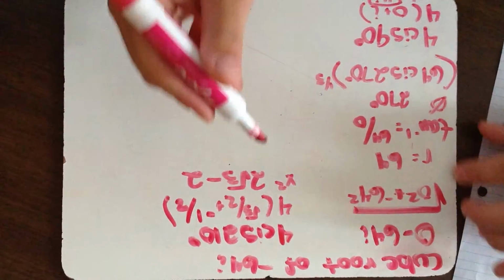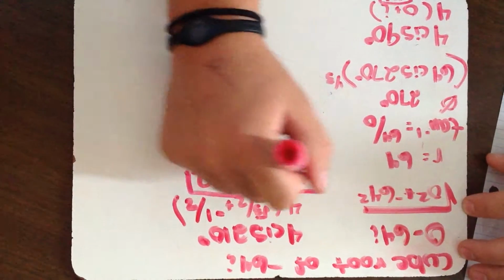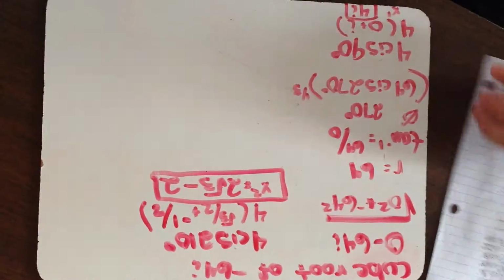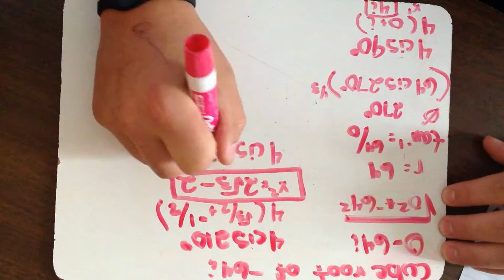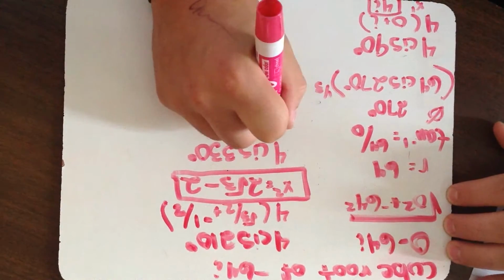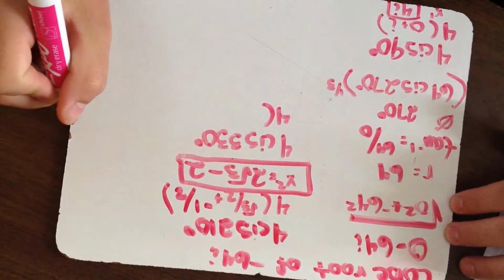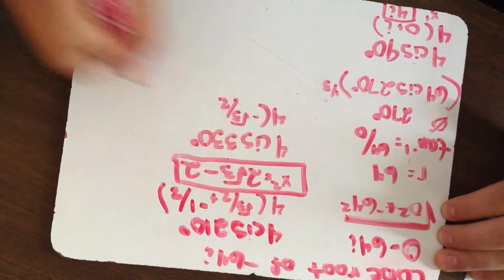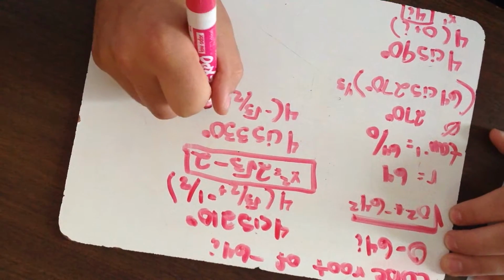And now, to find the third root, we're going to add 120 to this. So that means we're going to have 4 cis 330. And the cosine of 330 is negative root 3 over 2, and the sine of 330 is negative 1/2.